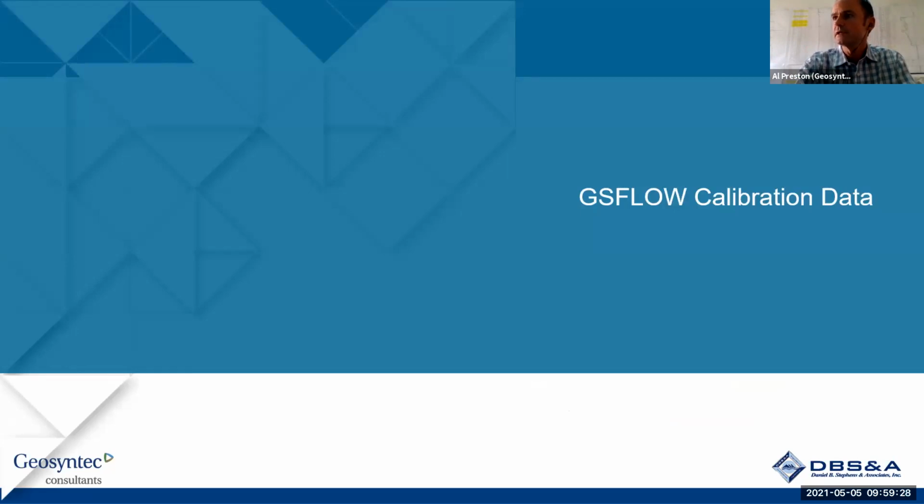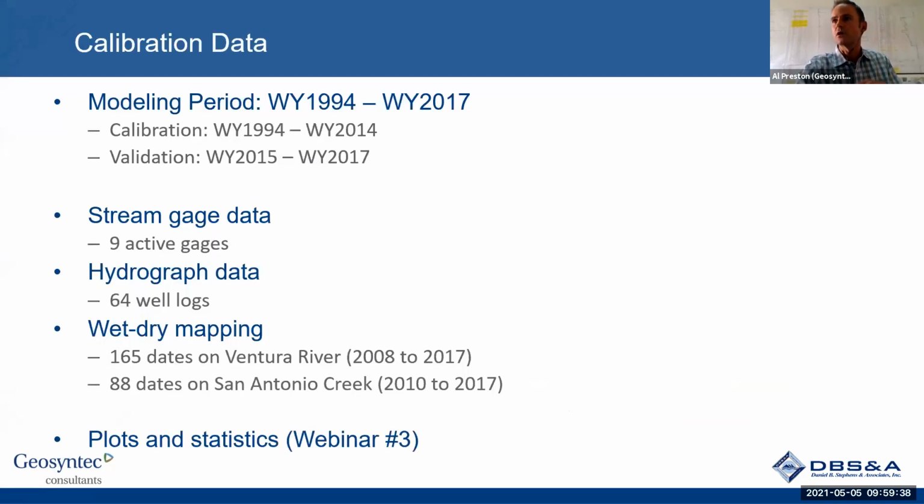So the GSFLOW calibration data, I'm kind of turning this around backwards. I think it's helpful to see what the goals of the model are before we talk about all the input data. Simply put, the goal is to accurately reflect where the water from precipitation ends up. Some of it goes into the soil and runs into streams, some percolates into the ground.